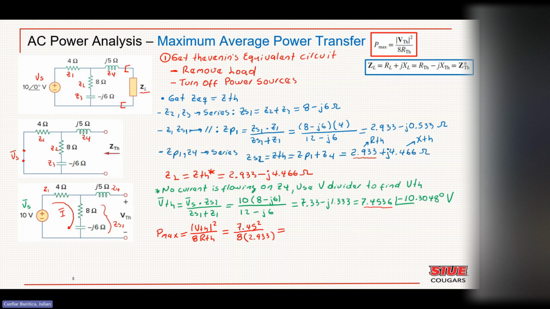When we compute that power, we get power equal to V Thevenin magnitude squared over 8 times 2.933.